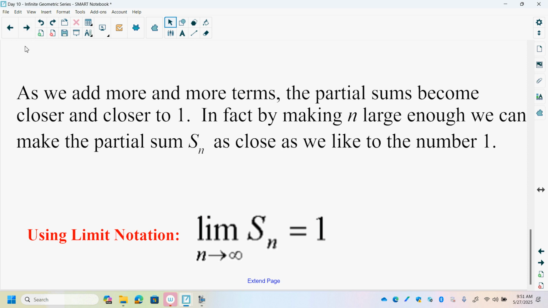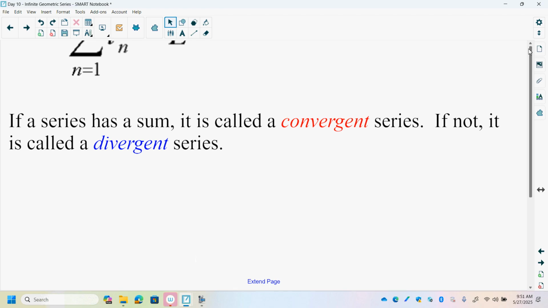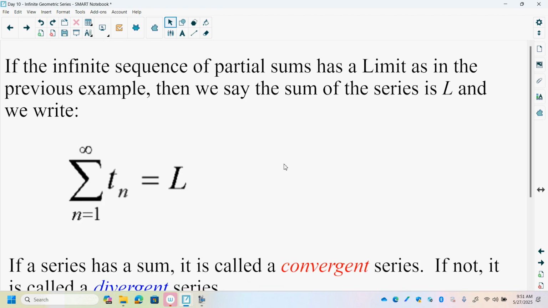Now, it has to be a special type of series. It says if the infinite sequence of partial sums has a limit, as in the previous example, then we say the sum of the series is L, and we write. Notice we're using sigma to represent the sum of the terms in the series.